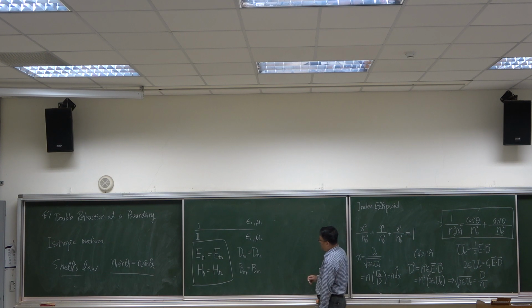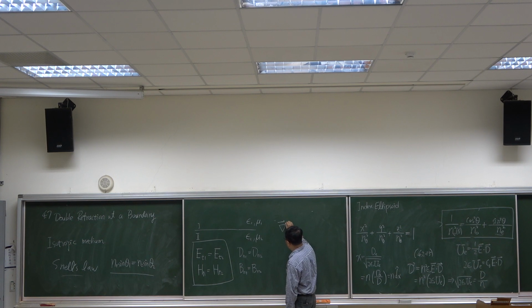The reason is very simple, because if we do not have electric charge, we have divergence D equal to 0, divergence B equal to 0, curl E equal to minus partial t of B, and curl H equal to partial t of D, if rho and J are both equal to 0.